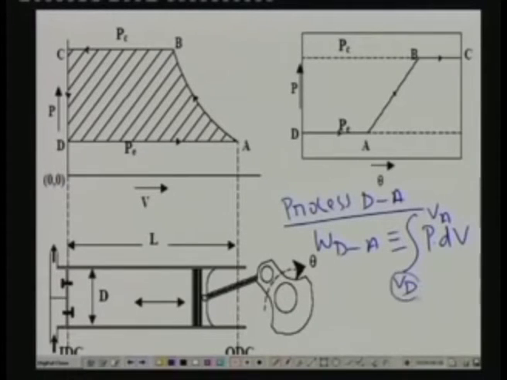Since initial volume Vd is 0, this simply becomes integral 0 to Va of P dV, and P is constant at Pe, so this is simply equal to minus Pe Va. So, this is the work output actually, because if you consider refrigerant as the system, the system is doing work on the piston, so you have the negative sign here.